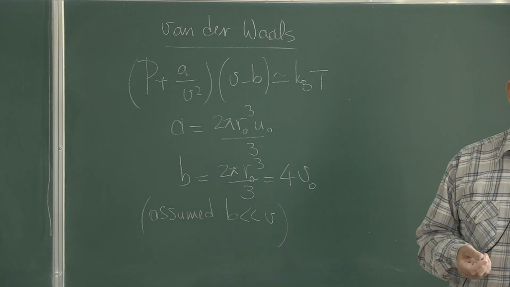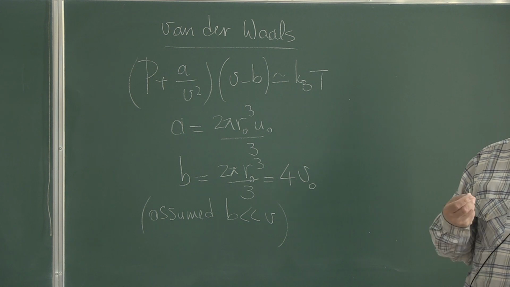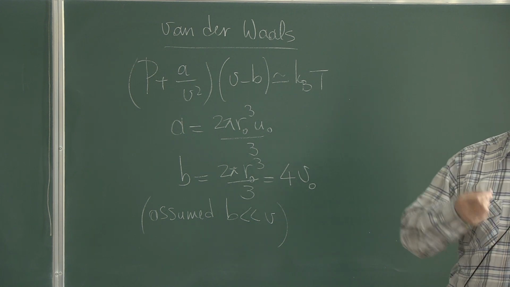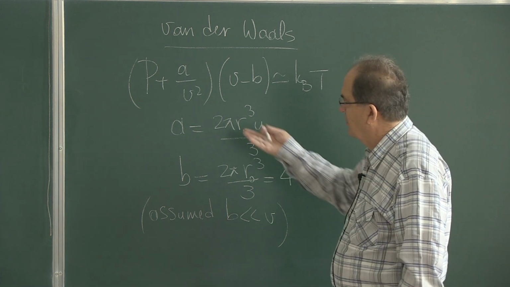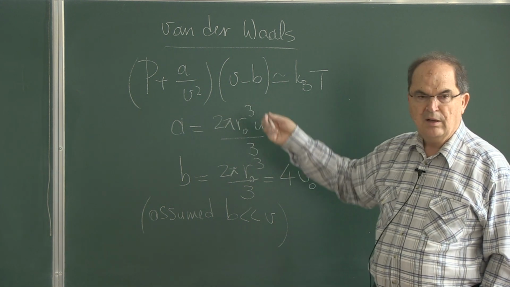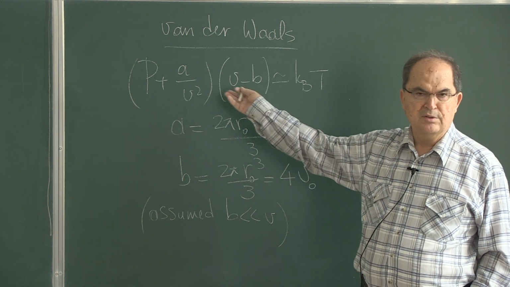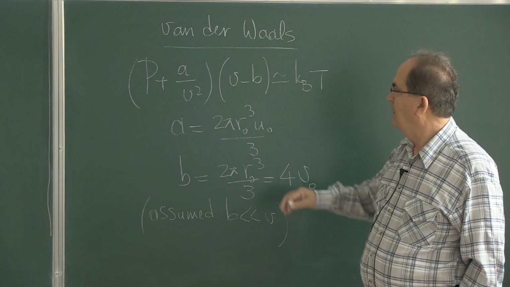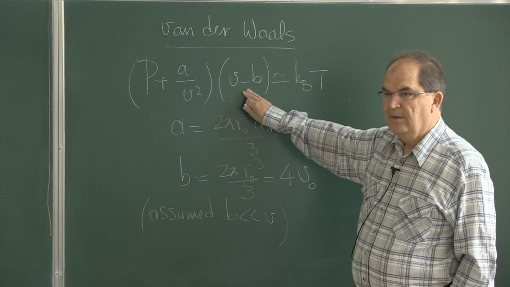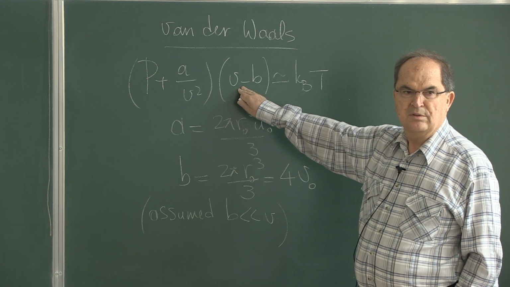What does that mean? Well, it includes the effect of interaction between particles. Where is the attraction and repulsion in this equation? Well, it looks like the effective volume is reduced.